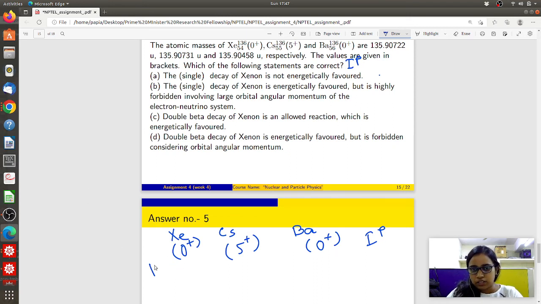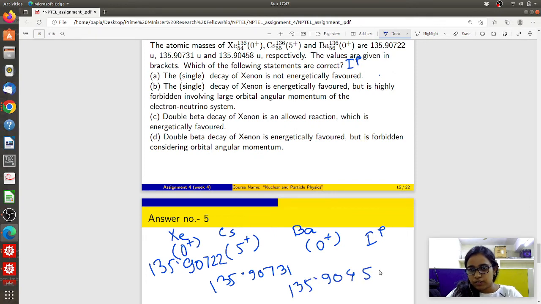For xenon it is 135.90722, for cesium 135.90731, and for barium 135.90458, and these are all in U unit, atomic mass unit.